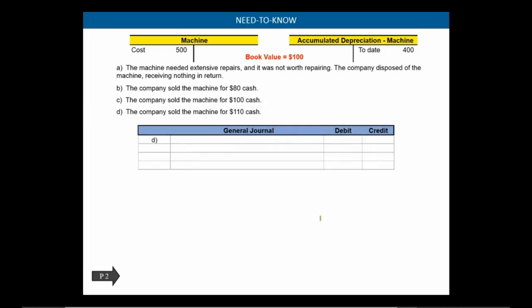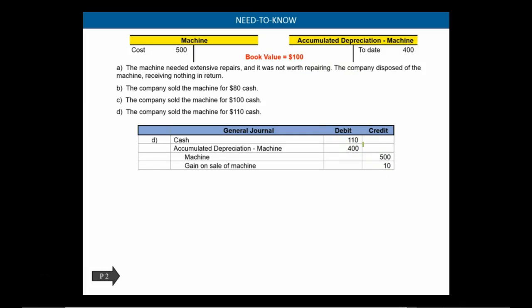Last one, the company sold the machine for 110. Hopefully you realize at this point we're probably thinking, well, that's probably going to be a gain this time because the book value is 100. We sold it for 110. We earned $10. Transaction's the same. Machine goes off the books. Accumulated depreciation goes off the books. We know we got cash, in this case for 110. Now the debits are greater than the credits. Now we need a credit.